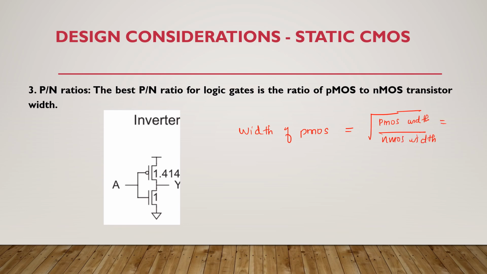Generally, for the unskewed inverter, the width of PMOS is 2 and NMOS is 1. Thereby, the width of PMOS we have to choose is root 2. Root 2 is nothing but 1.414. So if we choose the PMOS width as 1.414, the delay will be reduced.